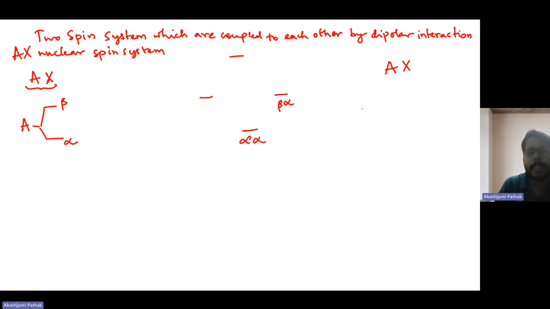In beta alpha, the nucleus of A is in beta spin state, but the nucleus of X is in alpha spin state. Or it can be alpha beta. So in this case, the nuclear spin of A is in alpha spin state, but the nucleus of X is in beta spin state. Or it can be beta beta.